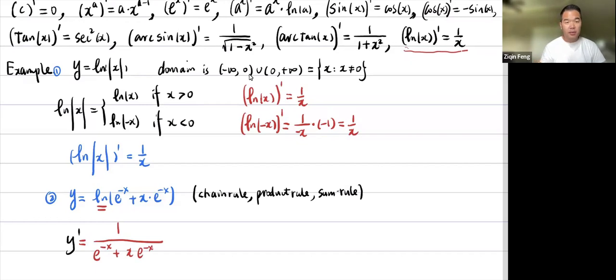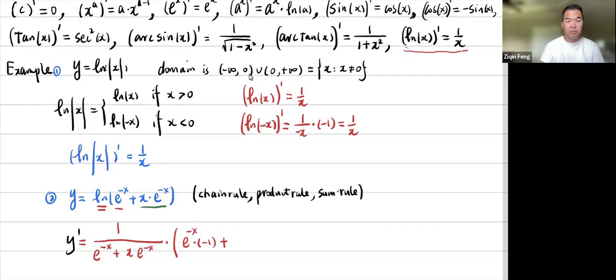Then times the derivative of the inner function, the derivative of this term, sum rule, which is e to negative x prime. We have to use the chain rule. Now the inner function is negative x, the outer function is the exponential function whose derivative doesn't change. Then times the derivative of the inner function, which is -1.